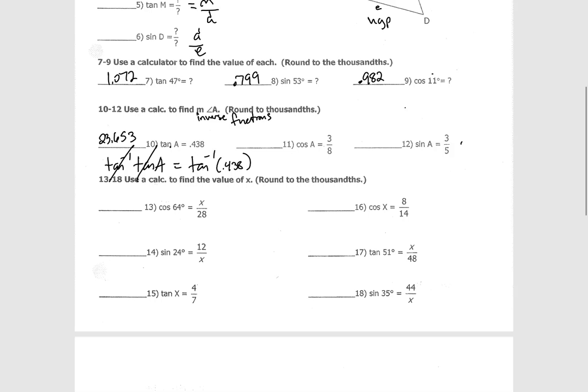Okay. For these other ones, I'm simply going to realize I need to get to this angle. I'm going to do the inverse cosine of both sides. So A would be equal to the inverse cosine of 3/8. A over here would be equal to the inverse sine of 3/5. Okay.